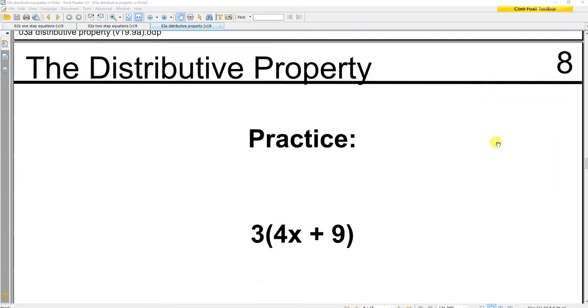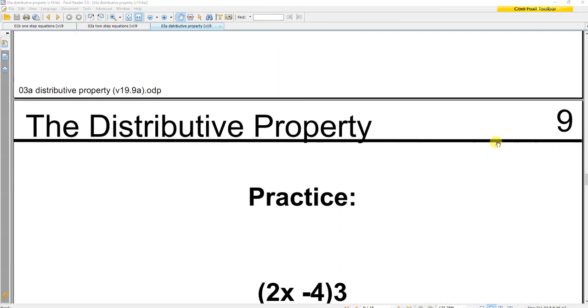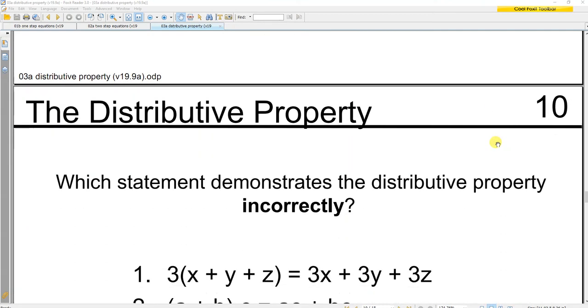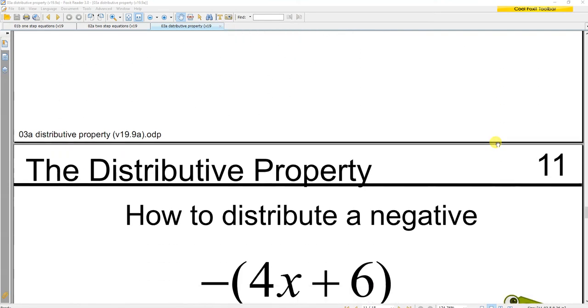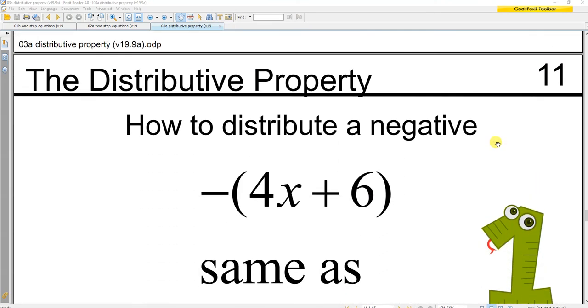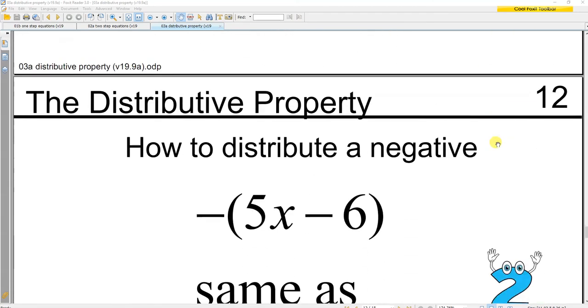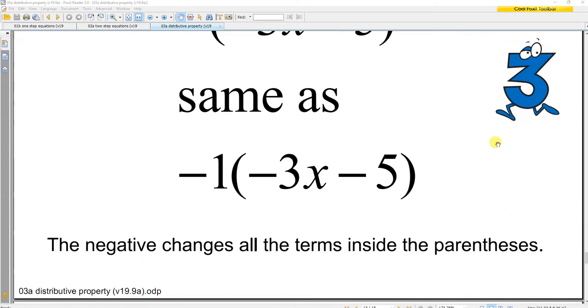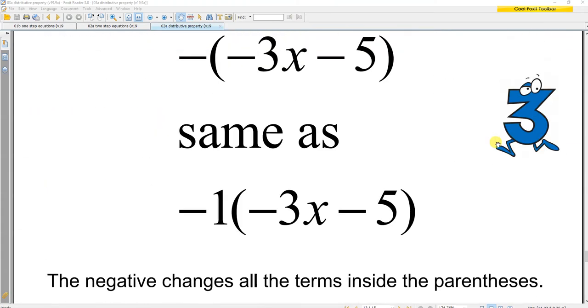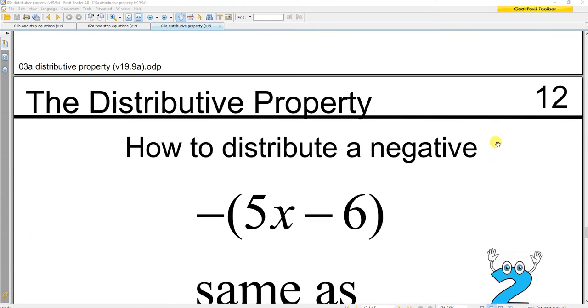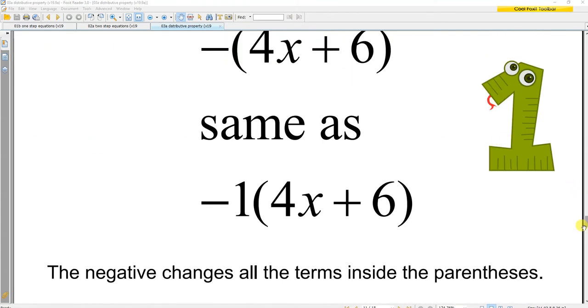Examples, practice, practice. Okay, we're going to get this one into our notes, and then a fraction one coming up. So I'll do a couple practice ones here.